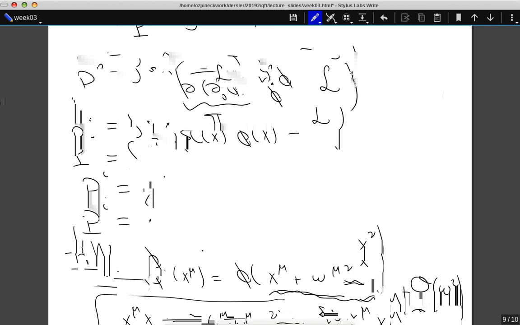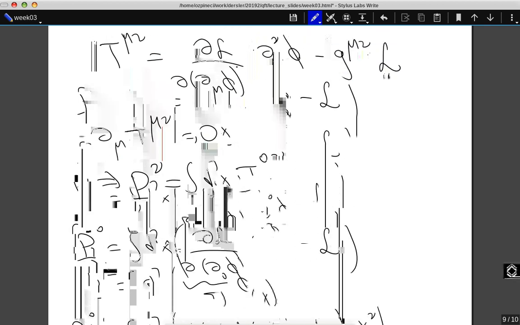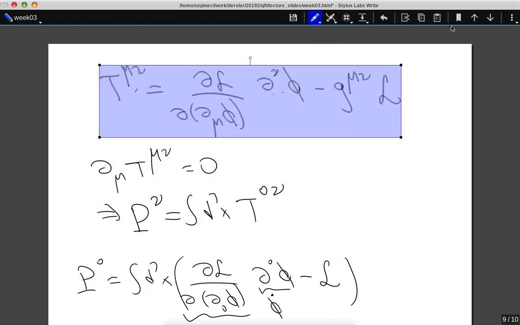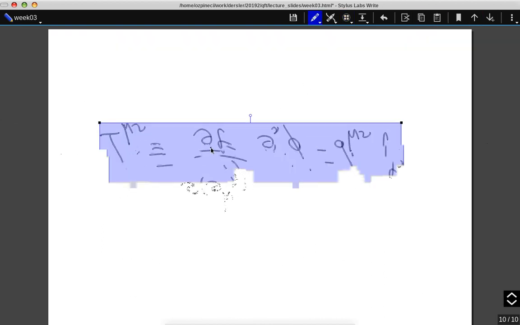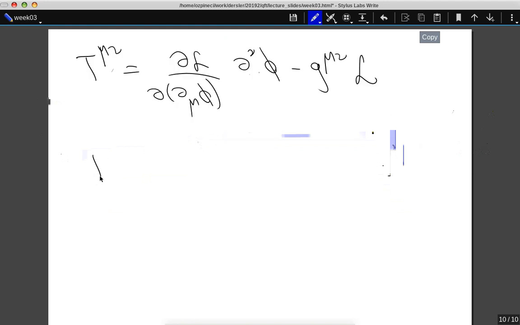Here we have the T mu nu. To calculate the momentum, T0i, the last term does not really contribute.